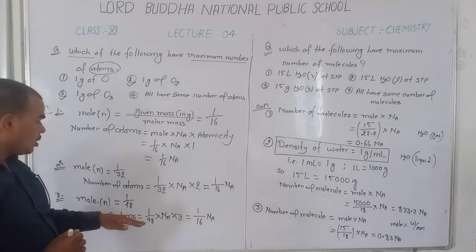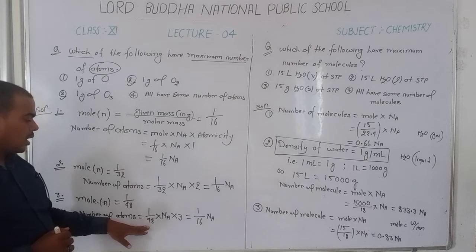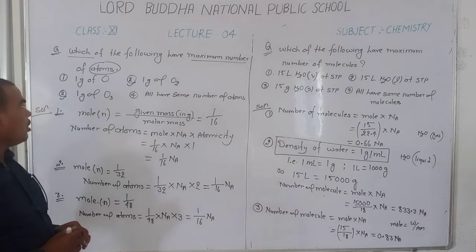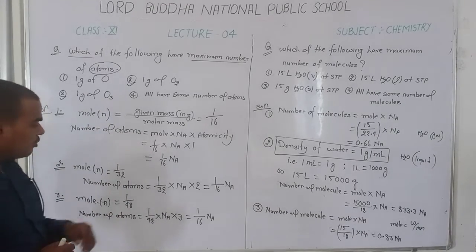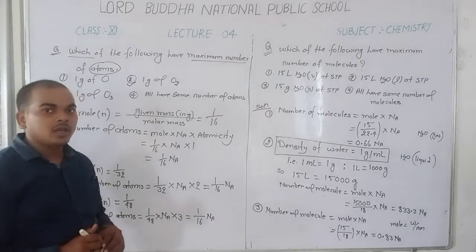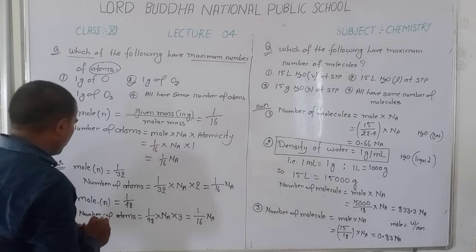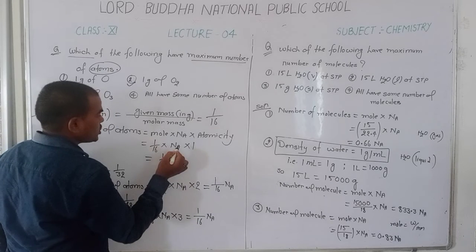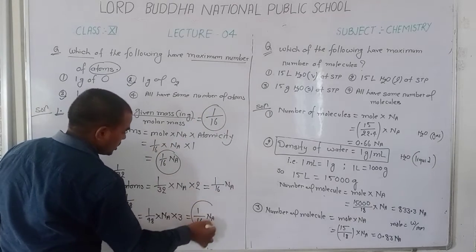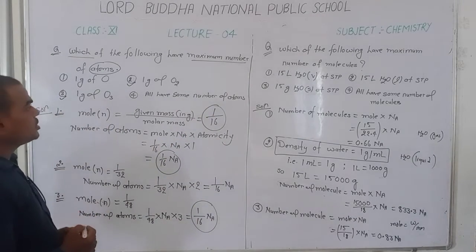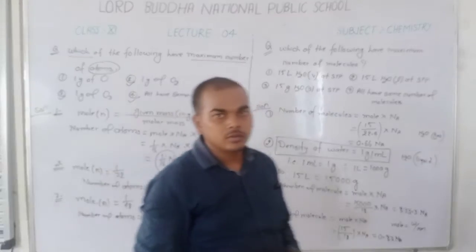The mole is 1 by 48, into Na, and the atomicity of O3 is 3. After putting the values, we find 1 by 16 Na. That means the number of atoms in the first, second and third options is similar. All have the same number of atoms. Clear that?